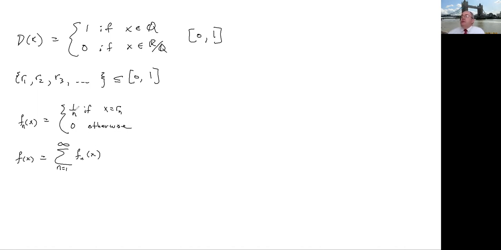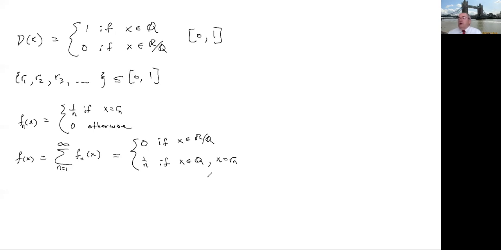Now, since this is 0 everywhere except at that one rational point, and that's true for all of these, if we were to write it out, it's going to be 0 if x is an irrational number, and then it will be equal to 1 over n if x is a rational number where it's equal to r sub n. So that's our function here.